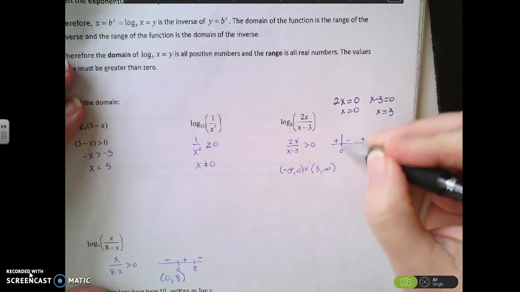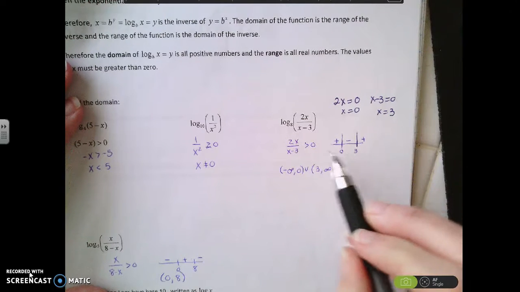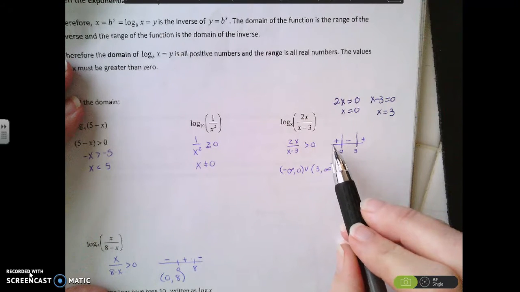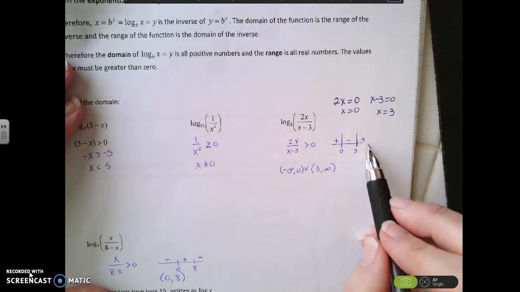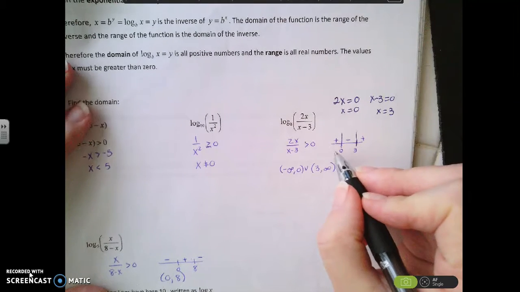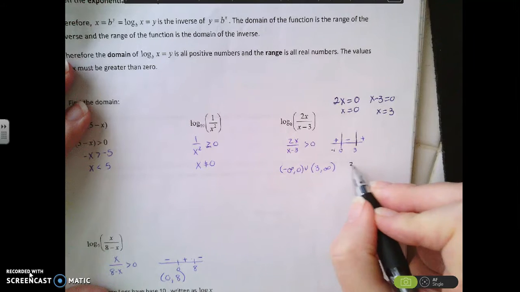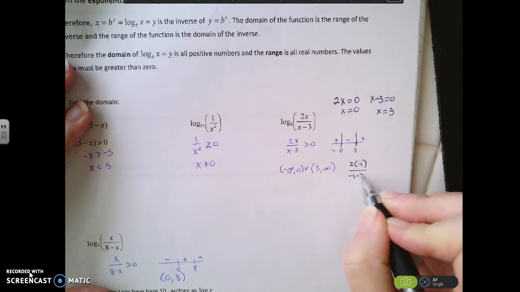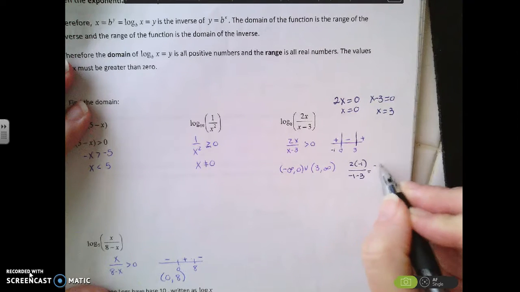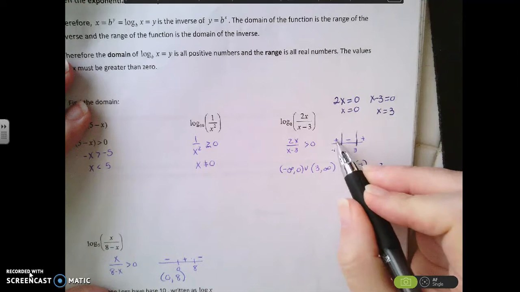Something is happening to my function at those 2 points. And what I have to decide is what's going to happen in the negatives, less than 0, what's going to happen between, and what's going to happen in the positives. So remember, you can use your calculator or you can pick numbers. If I put negative 1 into this problem, 2 times negative 1 over negative 1 minus 3 is negative 2 over negative 4. Negative divided by negative is positive.